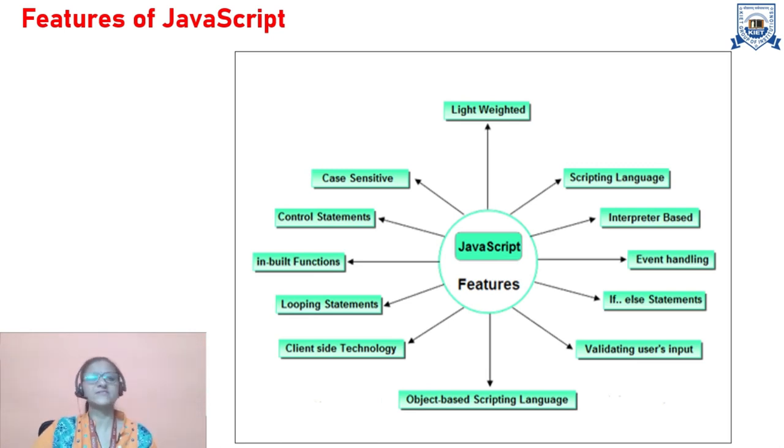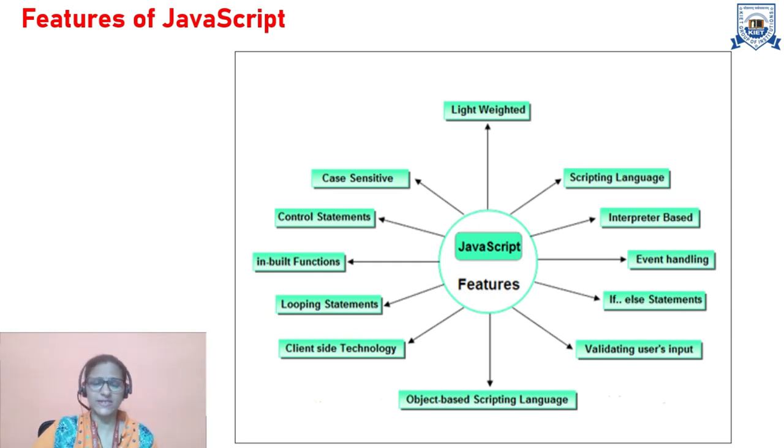There are a number of features associated with JavaScript. It is a scripting language. It is interpreter-based. Event handling can be done. If-else statements are available for condition checking, along with which we can validate the entries made by the user. It is an object-based scripting language.